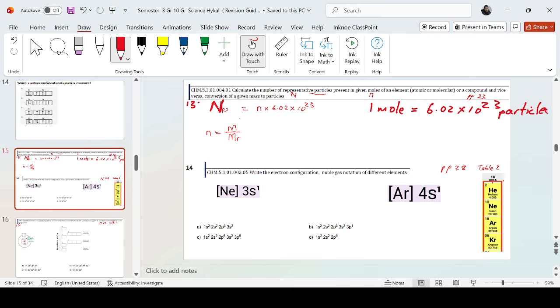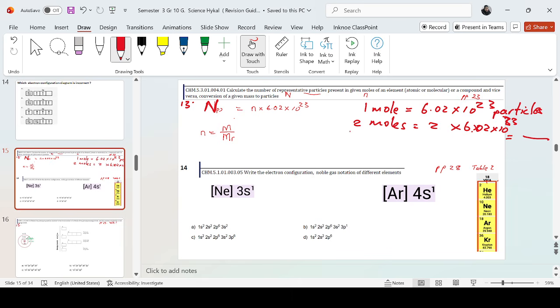So if there are 2 moles, you multiply: 2 times 6.02 times 10 to the power 23 particles. How many are they?